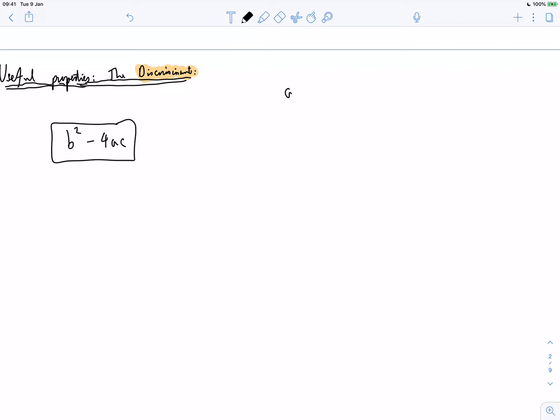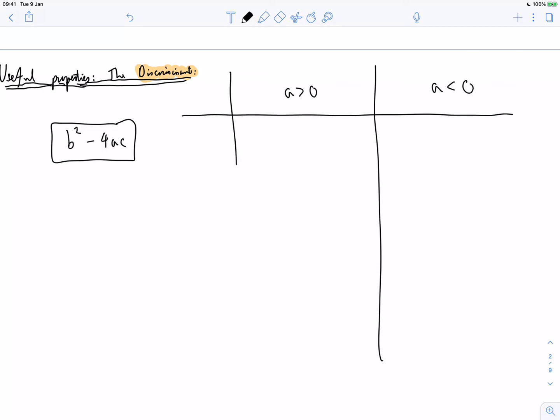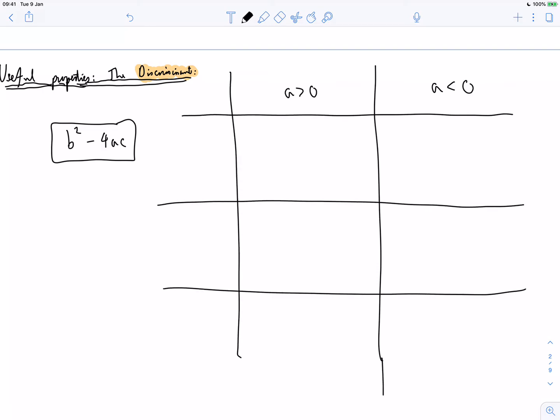So along the top, I've got a is positive, a is negative. I need three of these. Right.